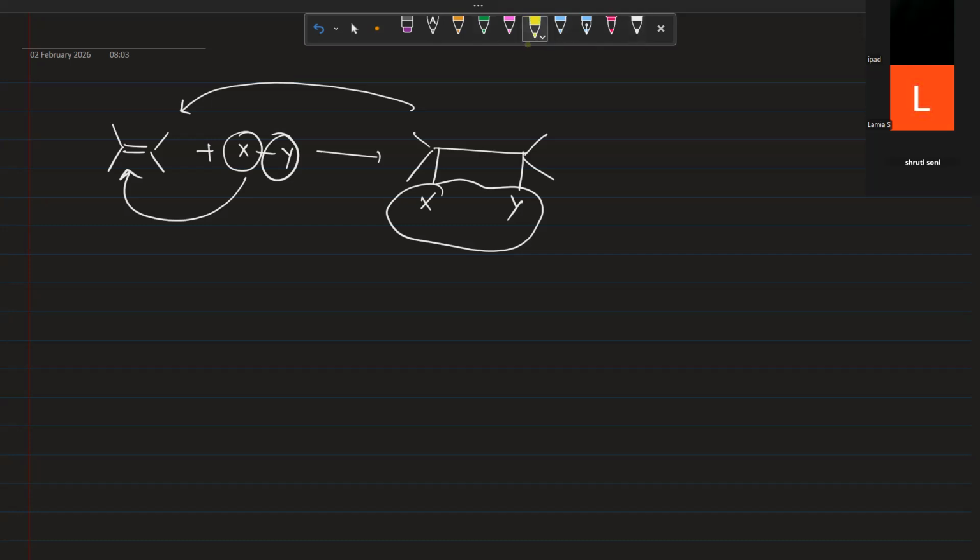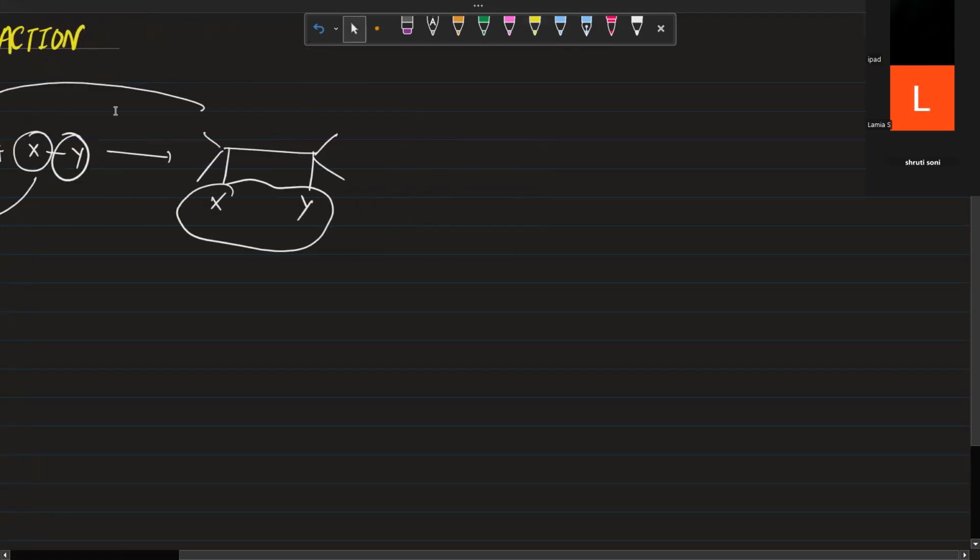That is the idea of an addition reaction. Oh, wait, so you have X attacking the alkene and then also the product attacking the alkene. Did I understand correctly?